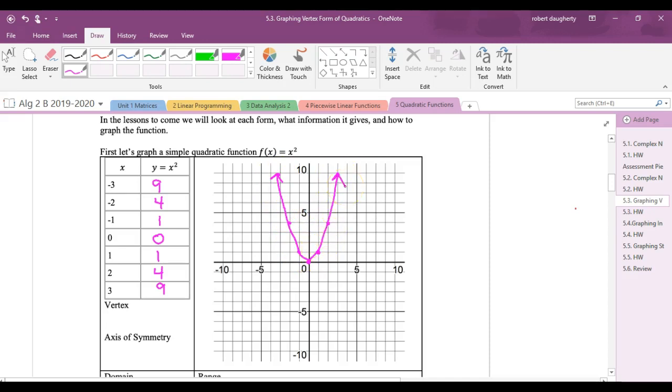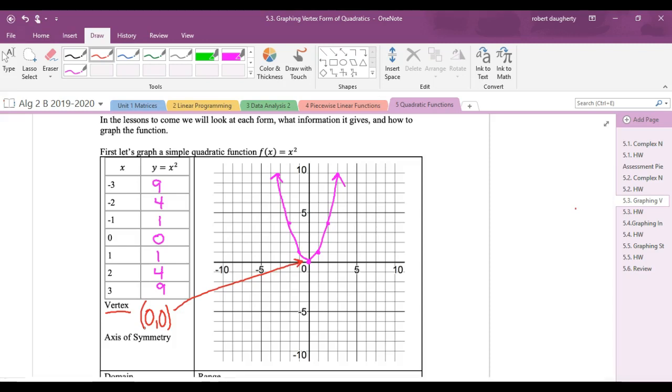Okay, so that's what the graph looks like. This point that you see right here, what is the name for that point? It's the vertex. What is the vertex of this parabola? Yeah, the vertex is the point 0, 0. It's a point, so it's an ordered pair. Okay. Now, if you look at this graph, what does the graph on the right look like compared to the graph on the left? Yeah, it's just a reflection. Okay. So parabolas are symmetrical.